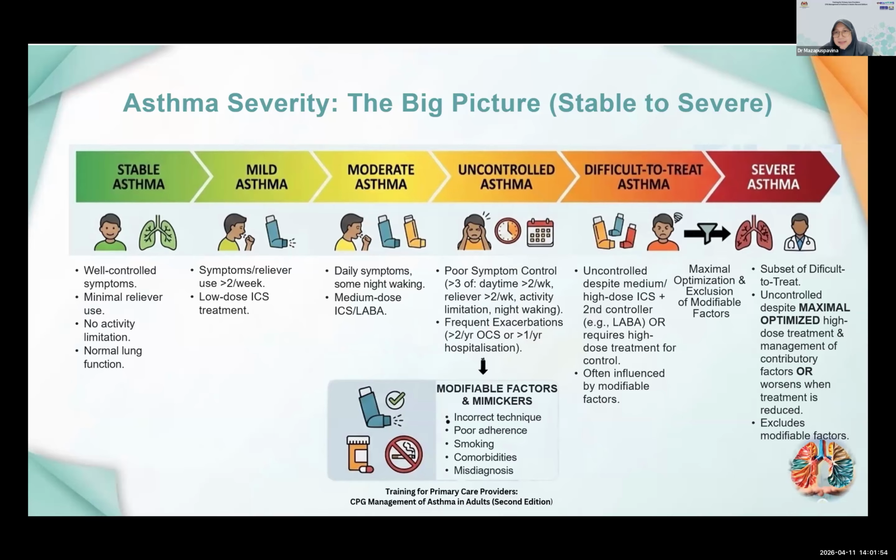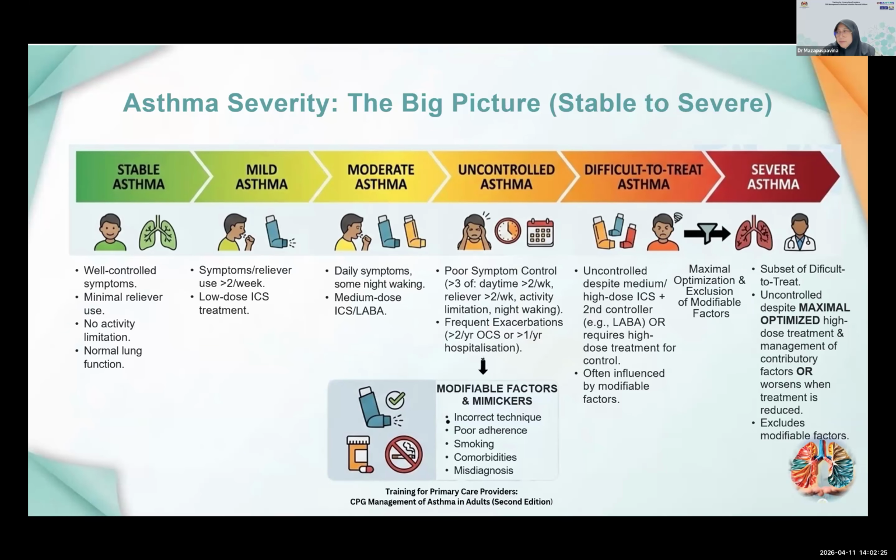If the patient has already maximized the optimization of the medication and controlled the modifiable factors, meaning the technique is correct, they adhere, and already control the triggers, and the patient still has symptoms, then we have severe asthma, which is a subset of the difficult to treat.